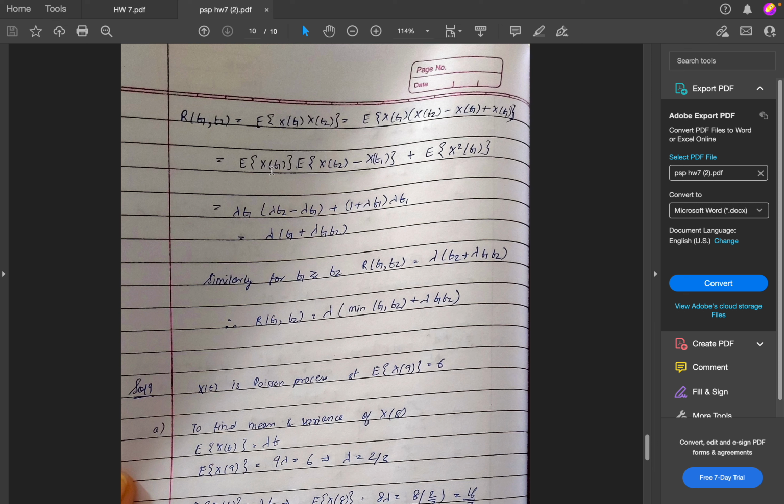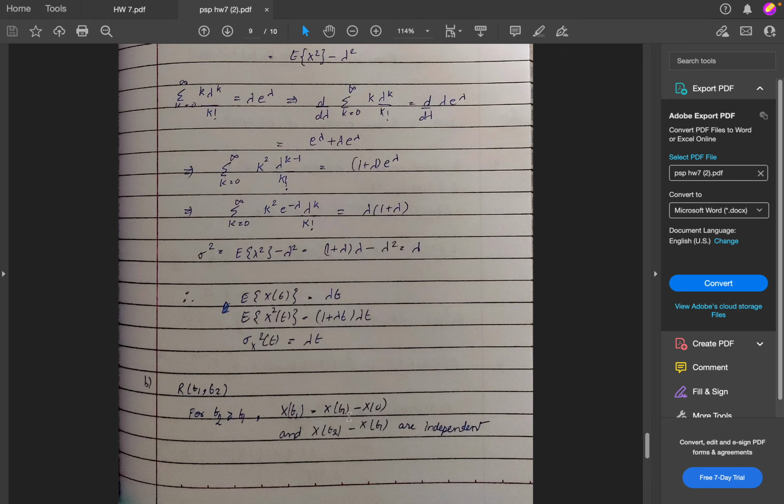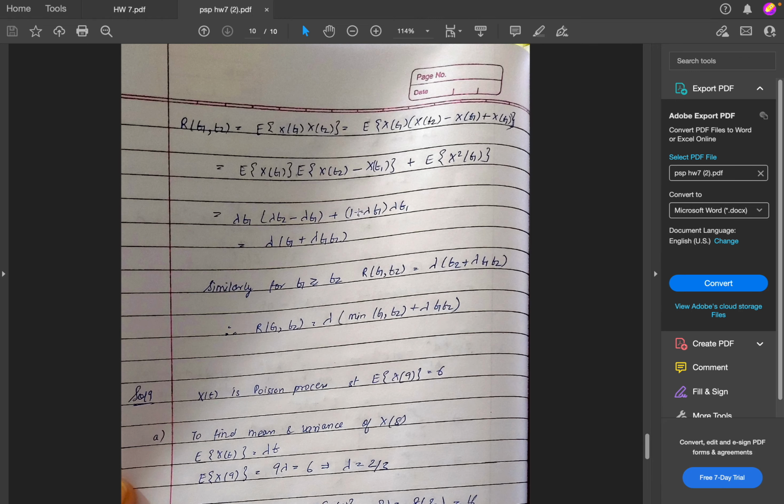This can be written as lambda t1 times (lambda t2 minus lambda t1), and this also we have calculated previously, which is (1 plus lambda t) times lambda t, so here we have t1, so (1 plus lambda t1) times lambda t1. On solving we'll get lambda t1 plus lambda square t1 t2.